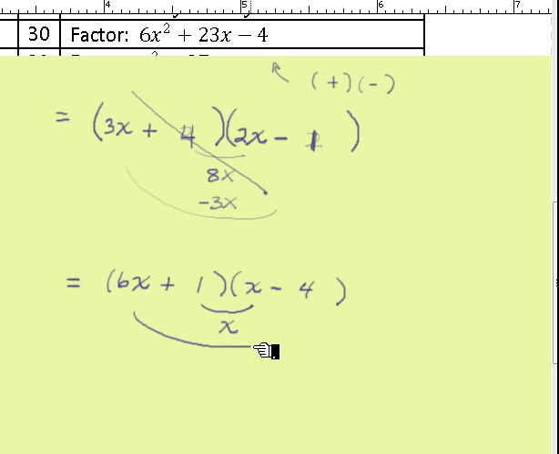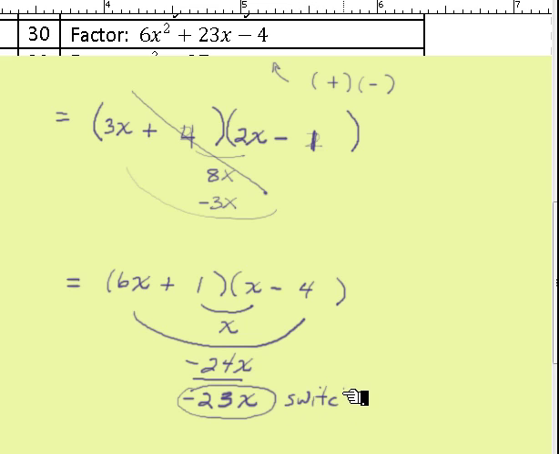We're checking the middle term. And here we have minus 24x. This adds to minus 23x. And we have plus 23x, so we're going to switch signs to minus plus. And that'll be the correct factorization.